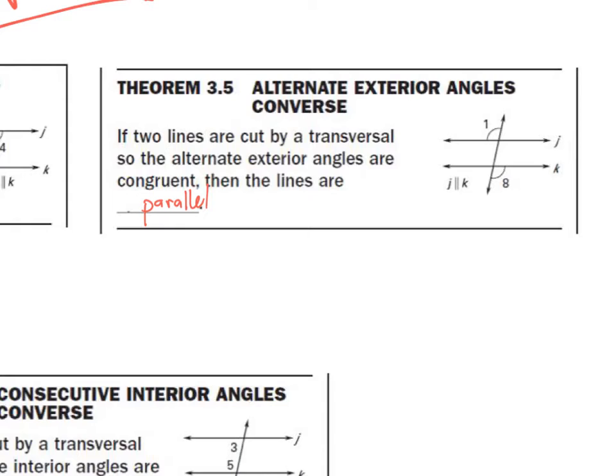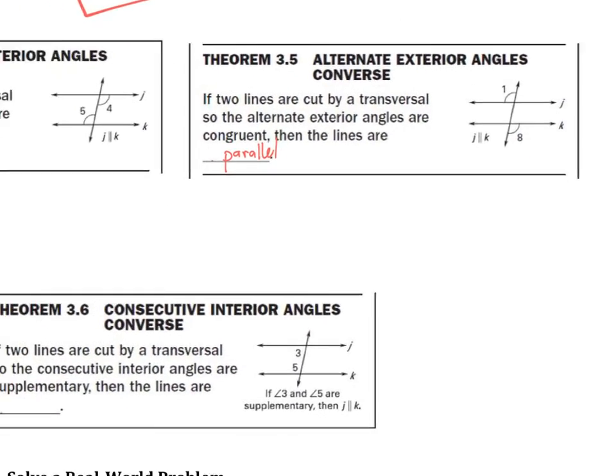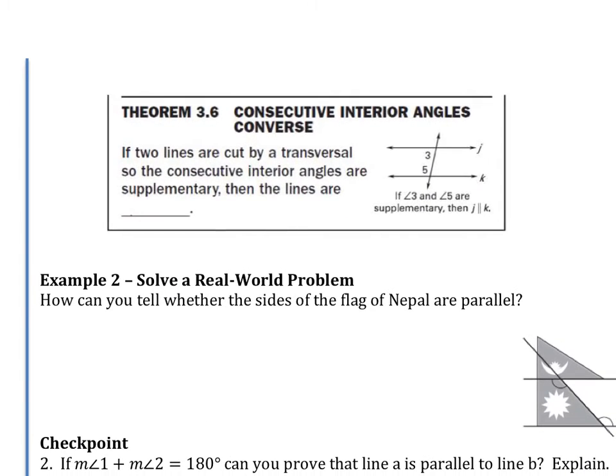So basically, if the alternate exterior angles are congruent, that makes them parallel, and if the alternate interior angles are congruent, then the lines are parallel. And I believe our last theorem says that if two lines are cut by a transversal and the consecutive interior angles, or the same side interior angles, are supplementary, then the lines are parallel.